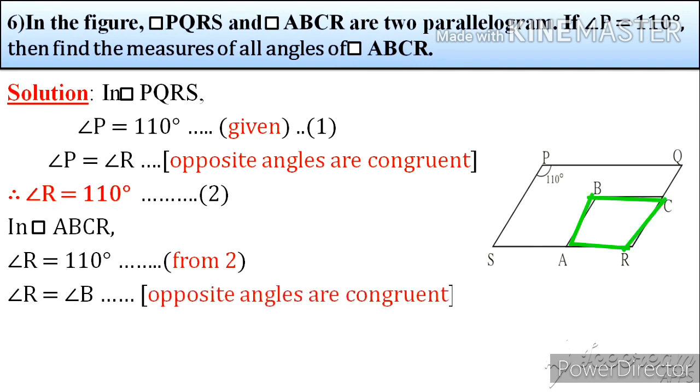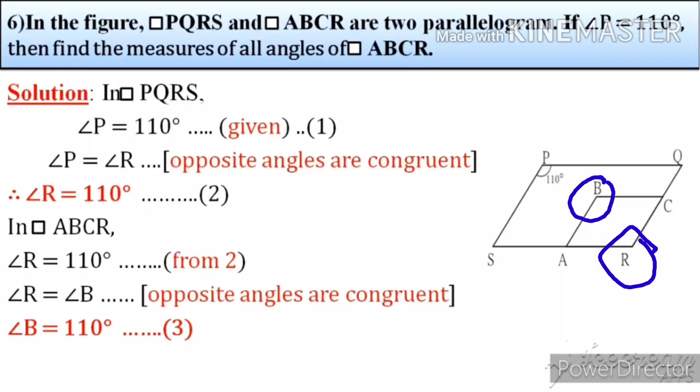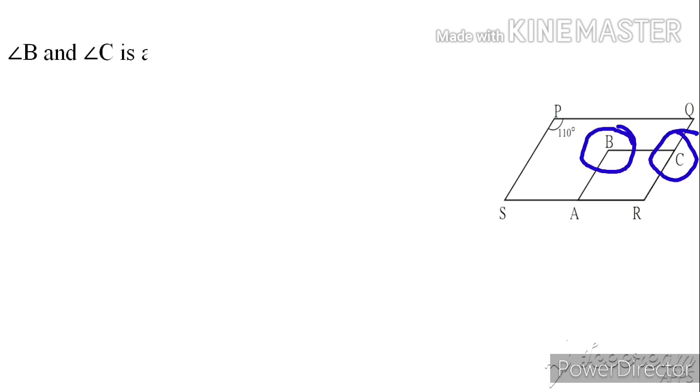Now, in quadrilateral ABCR, angle R we got 110 degrees from 2. Angle R is equal to angle B because they are opposite angles of a parallelogram. Therefore, angle B equals 110 degrees. Now students, angle B and angle C are adjacent angles.